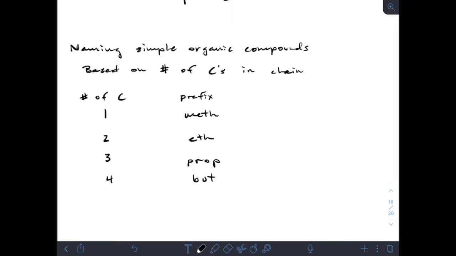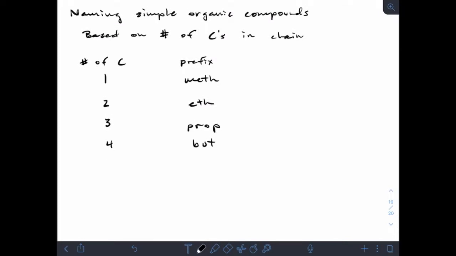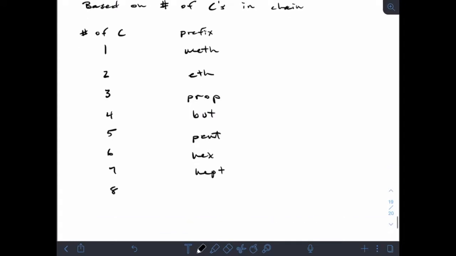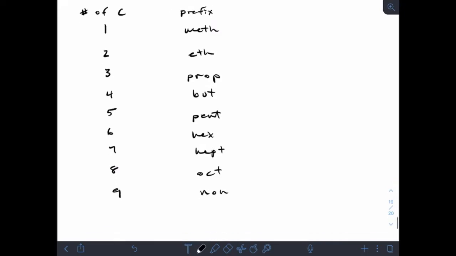And the rest are comfortable and common. So 5 is pent, 6 is hex, 7 is hept, 8 is oct, 9 is non, and 10 is dec.